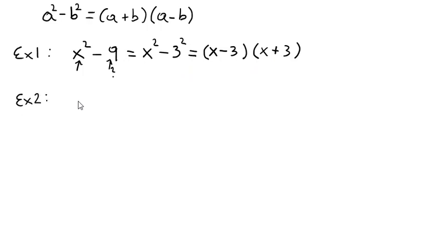Example 2, what if we have 4x squared minus 1? Again, we have to determine first if both of them are squares. I see that 4x squared I can write as 2x, all raised to the second power, and 1 I can write as a square because 1 squared is still 1.